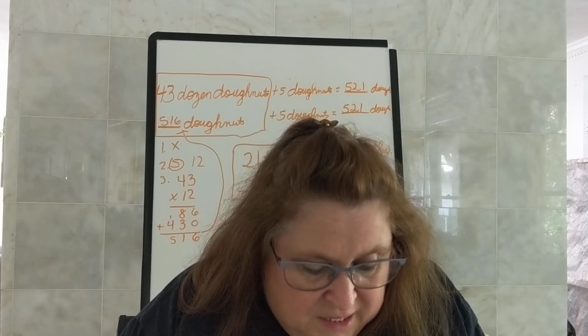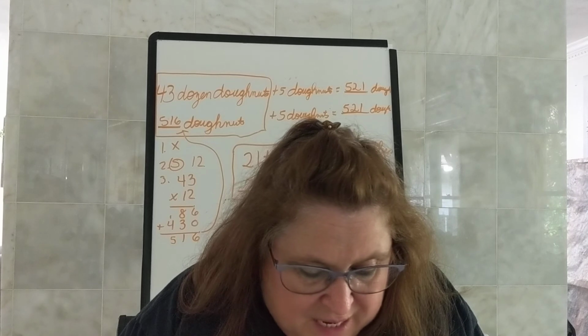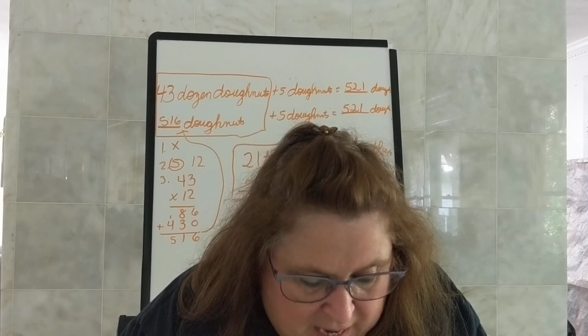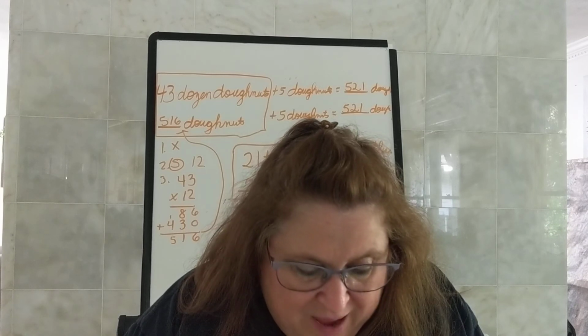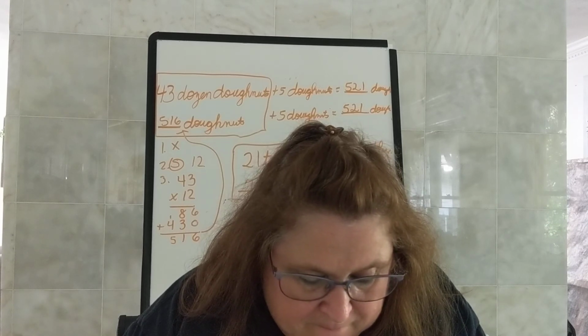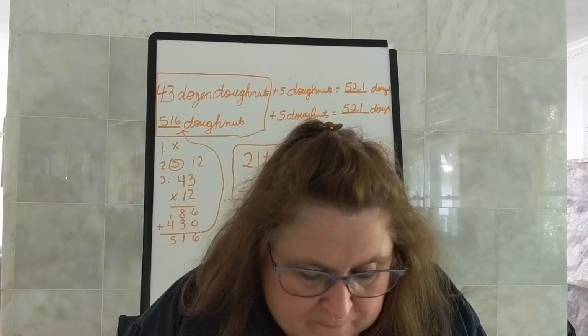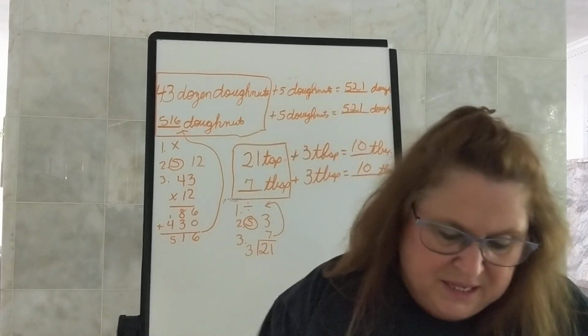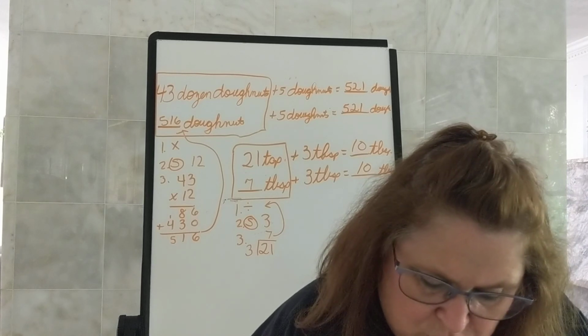In section 6, I want you to circle letter C. I want you to circle letter F. And letter A. So A, C, and F is what I want you to circle.